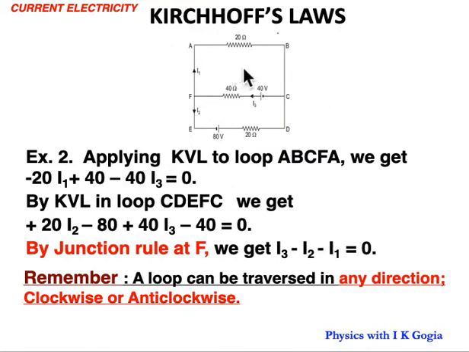There are a number of loops, this loop, another closed loop, and this larger loop A, B, D, E, A. You can take either loop in either direction. You can take A B D E A, or you can take A E D B A. You can traverse the loop in clockwise direction or anti-clockwise direction, the results will be the same.